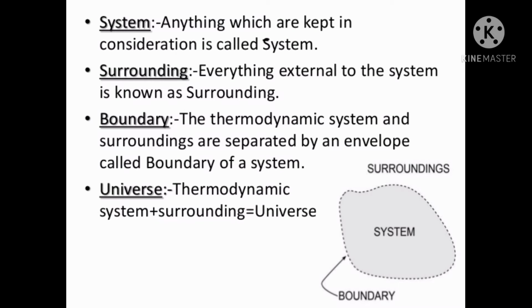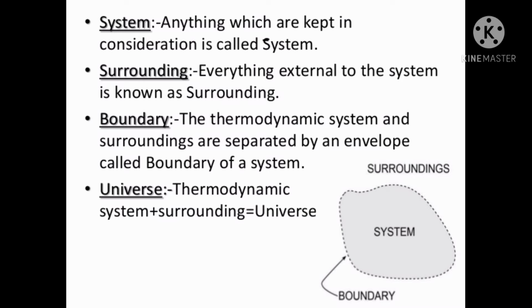Here are the four terms that can explain the input and the output of the thermodynamic system: system, surroundings, boundary, and universe. First is the system. Anything which is kept under consideration is called the system.